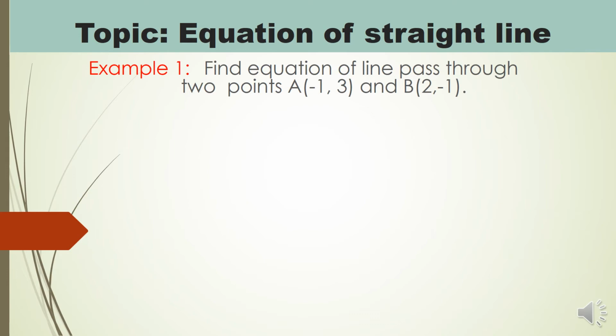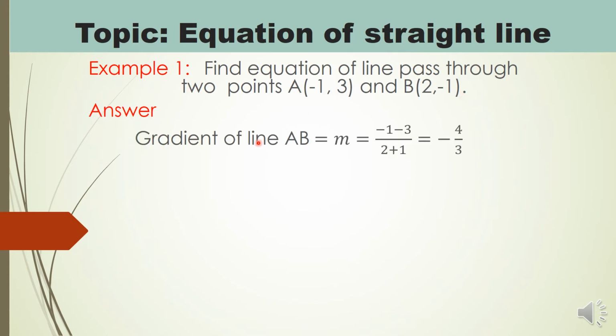Okay, please have a look at example number 1. We are going to find the equation of line AB. The first step, you have to find the gradient of line AB. It is y2 minus y1. So y2 minus y1 is minus 1 minus 3.